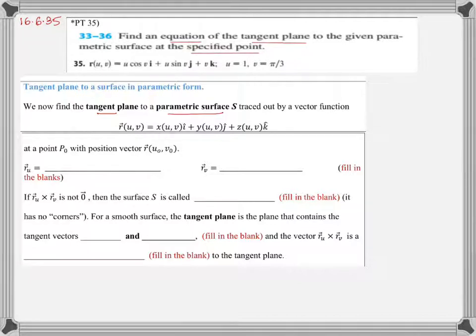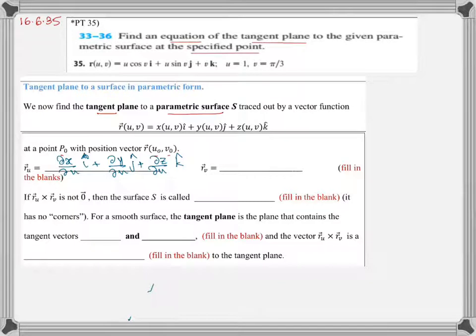The point P0 corresponds to the parameters u0, v0. r_u, the partial derivative of r with respect to u, is given by ∂x/∂u i + ∂y/∂u j + ∂z/∂u k.